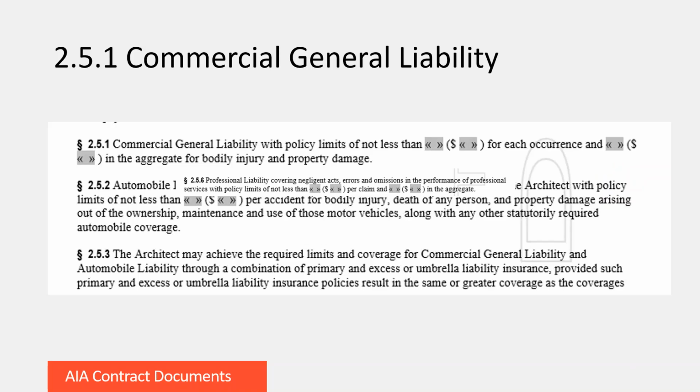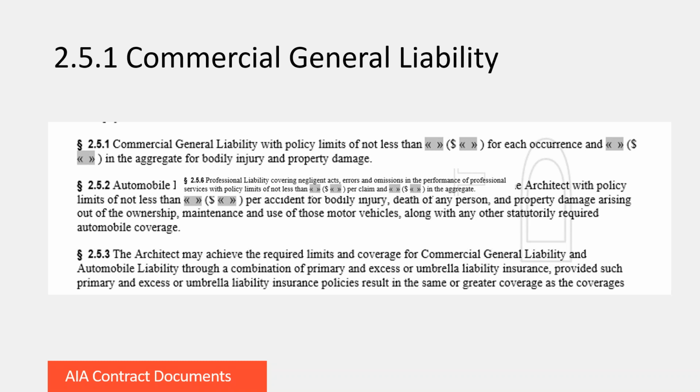Starting with Article 2, this gets into requirements that the architect may need to fulfill related to insurance specifically. And here you can see some of the issues that you may run across when you're completing insurance. One of the starting points may be looking at other insurance requirements that have been made available prior to entering into contract negotiations.